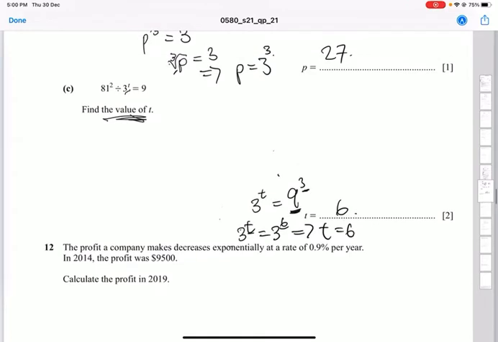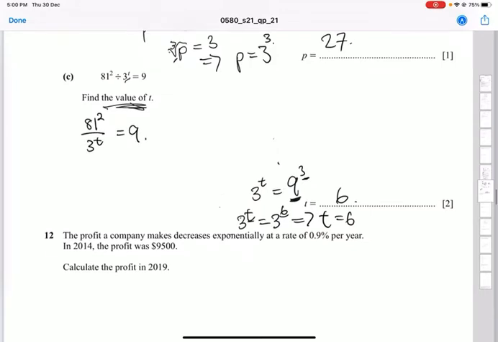So I'm going to write it clearly here, the working that I did. 81 squared over 3 to the t equals to 9. First I divided both sides by 9. And I also take this, right? 81 squared equals to 9 squared squared equals to 9 to the 4th.